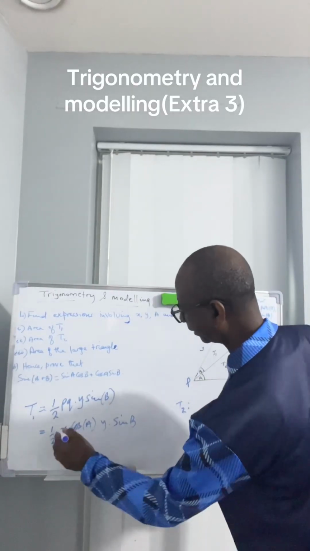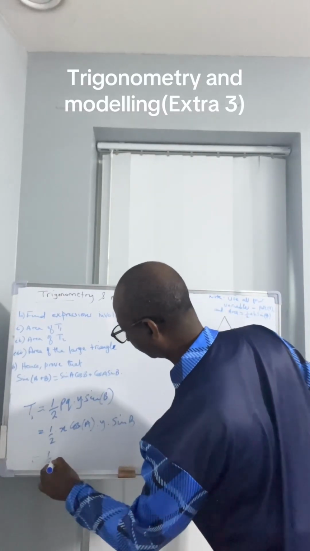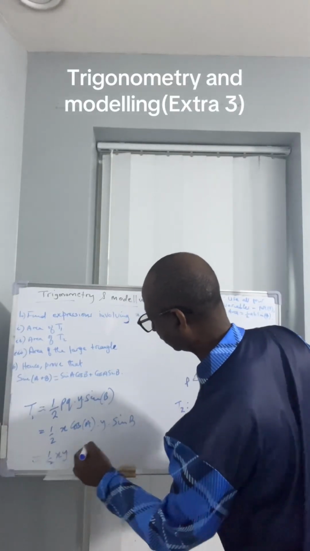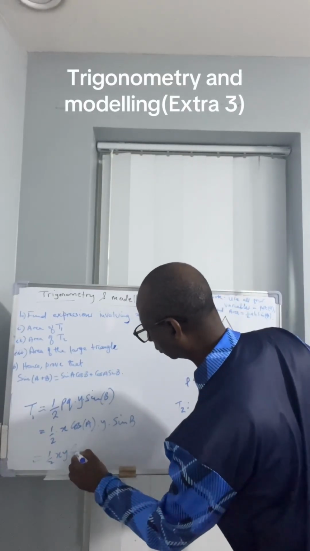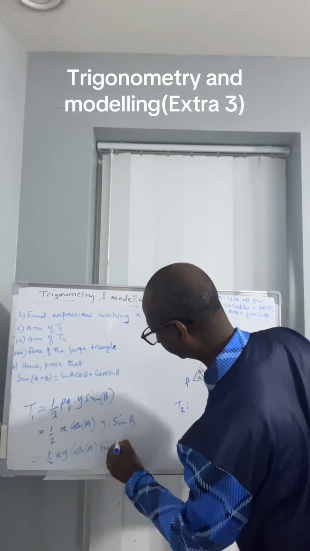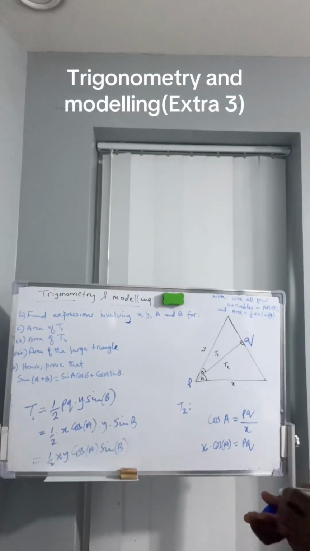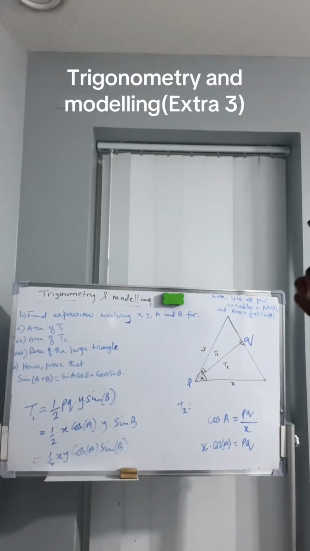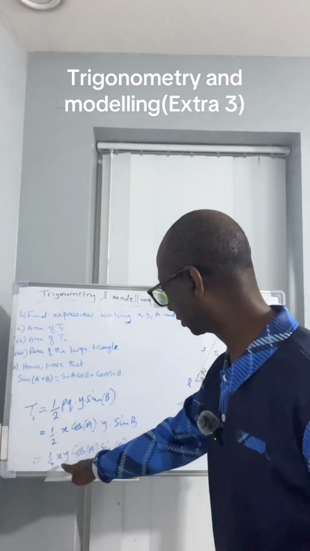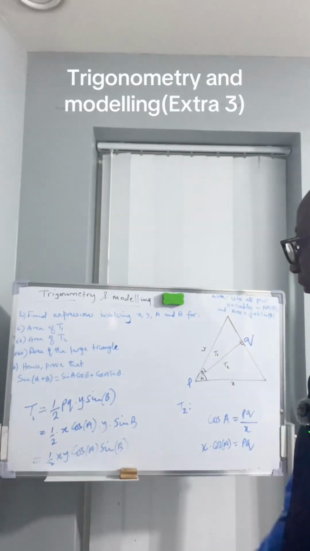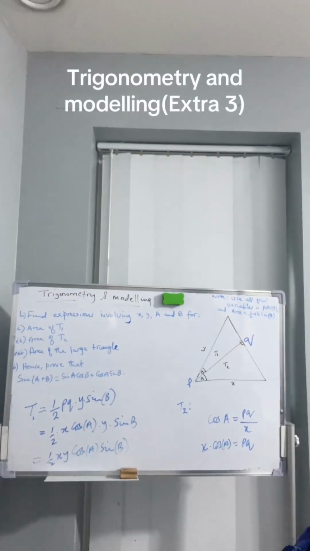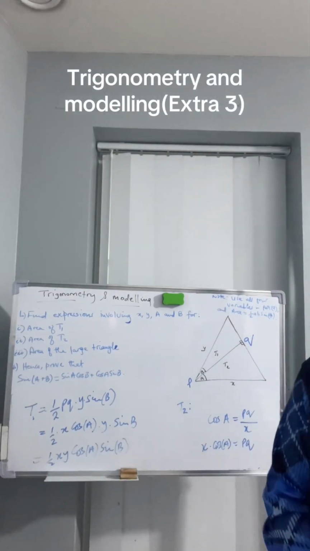If you just tidy this up, you get 1/2 xy cos A sine B. So you can now see that all 4 variables, X, Y, A, B, we have them in one equation: 1/2 xy cos A sine B. This is how they want you to solve this problem.